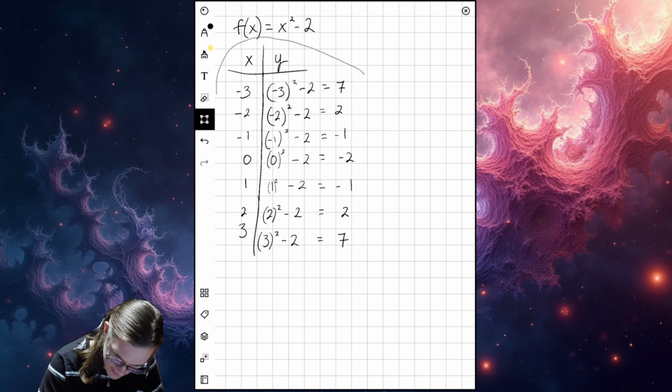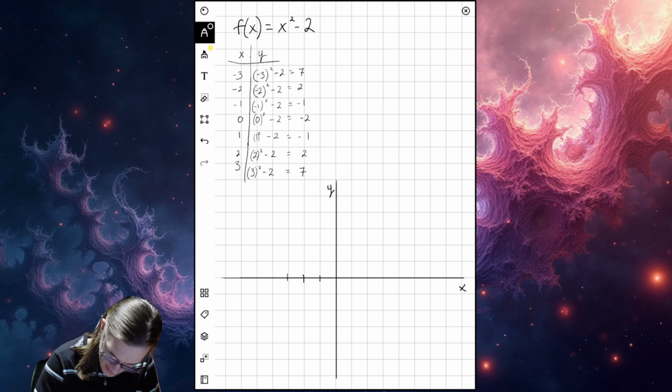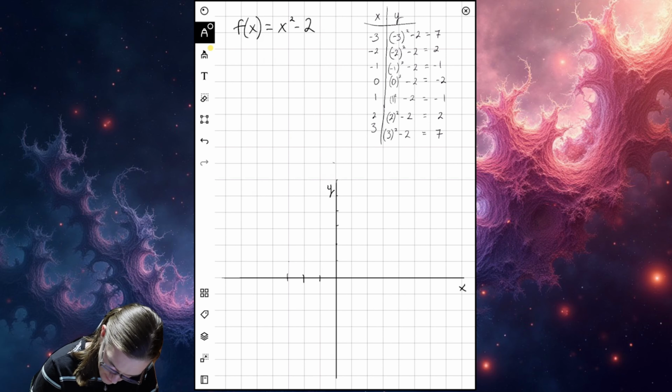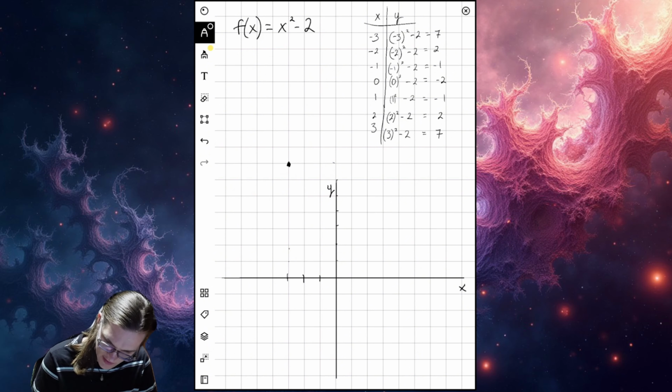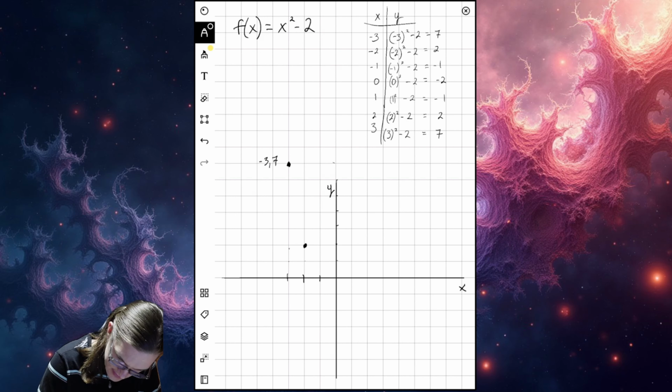And now let's keep this in mind when we graph this quadratic. So at -3 in the x direction and 7, 1, 2, 3, 4, 5, 6, 7. So let me move this actually. 1, 2, 3, 4, 5, 6, 7 right there will be our first point. Then we have -2, 2. So again, this is -3, 7.